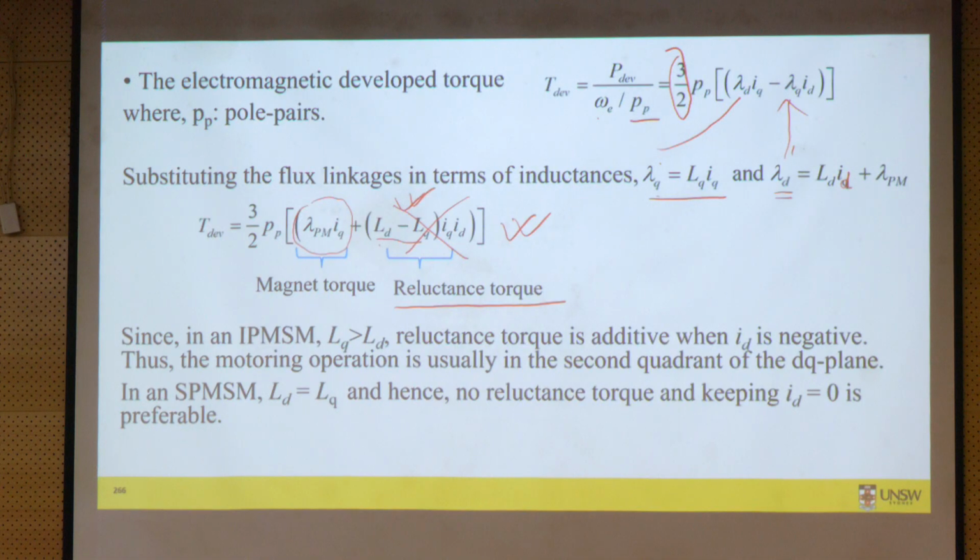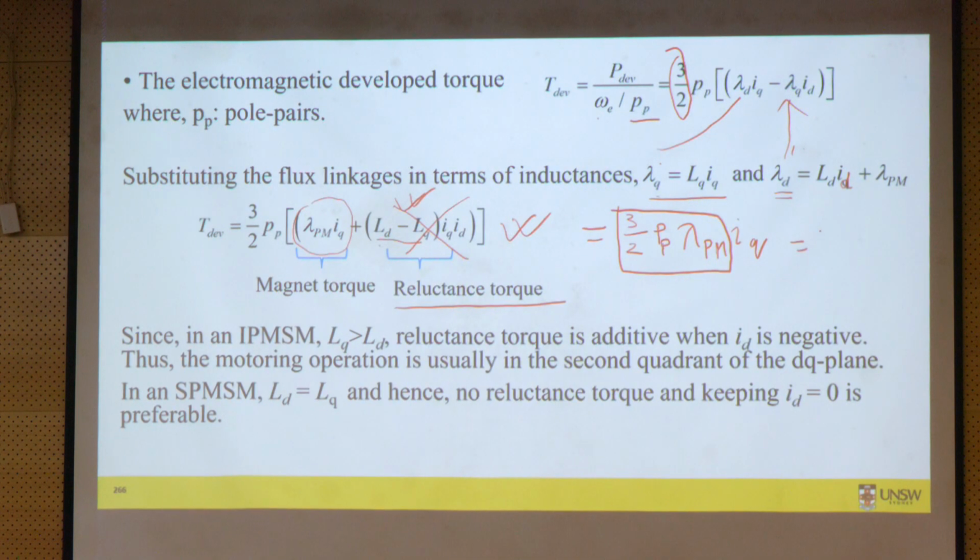We have then the torque simply as 3/2 pole pairs lambda PM IQ, and this is very similar to a DC machine torque. This first part is a constant, right? 3/2 pole pairs lambda PM, all are constant.